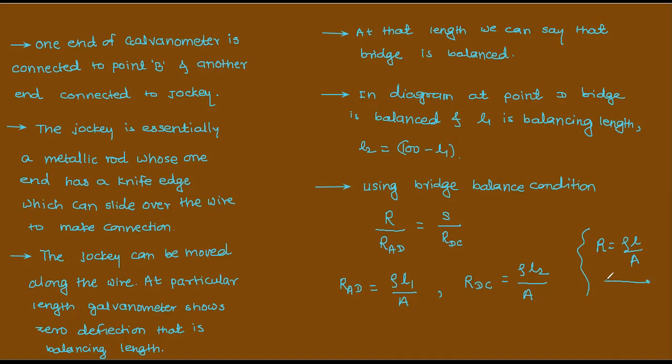Rho is the specific resistance or resistivity, A is the cross section area, and L is the length. You know this already, we have learned. So R of AD we got, R of DC we got. Let's substitute here.